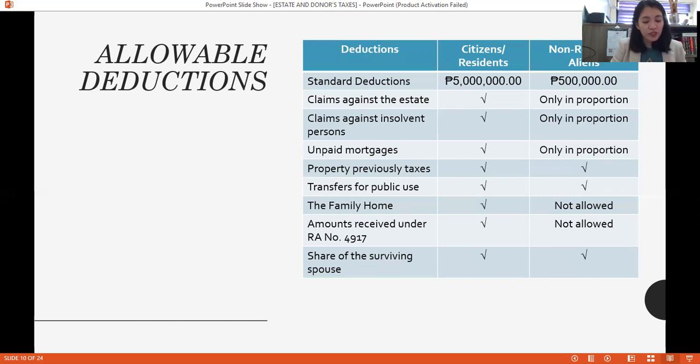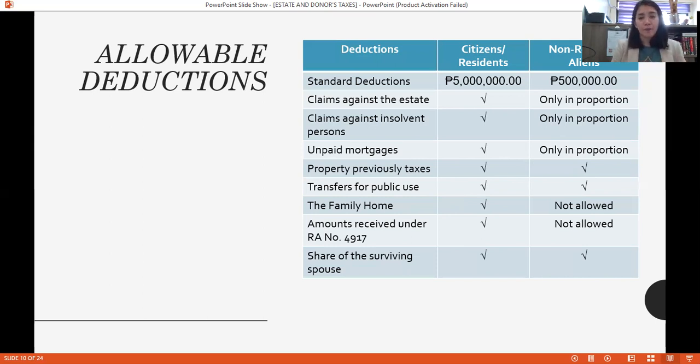When such losses are not compensated for by insurance, dapat walang insurance yung property. And dapat hindi siya na-claim for income tax purposes. Then we have, notice nyo ito, only in proportion lahat dito kasi nga, yung non-resident alien, taxable lang siya on his properties within the Philippines.